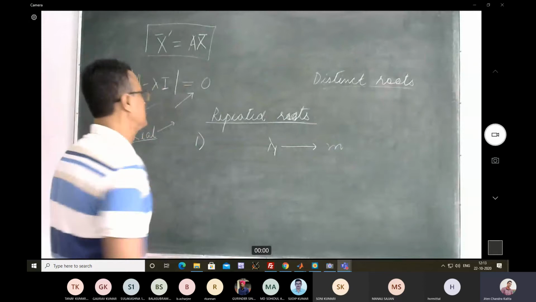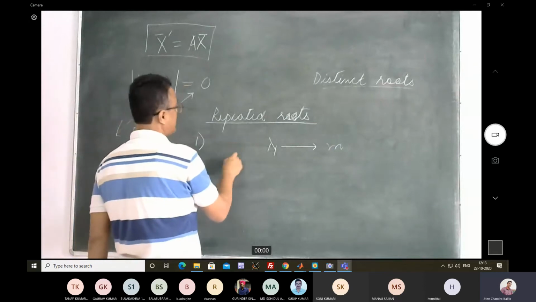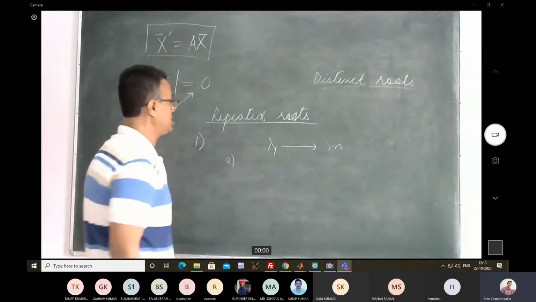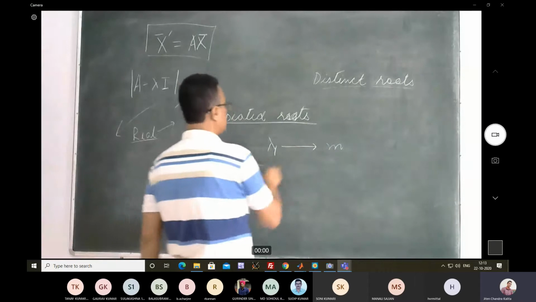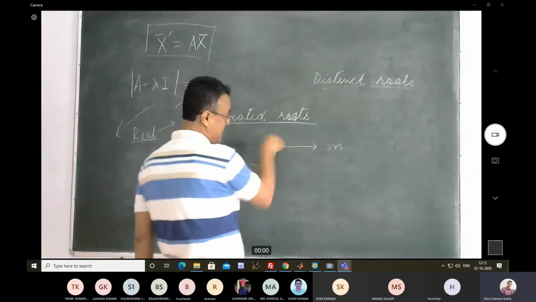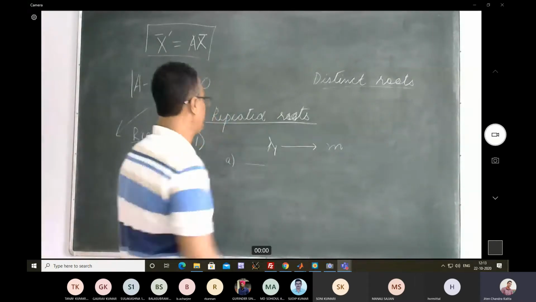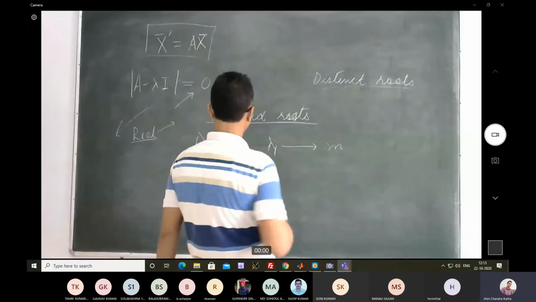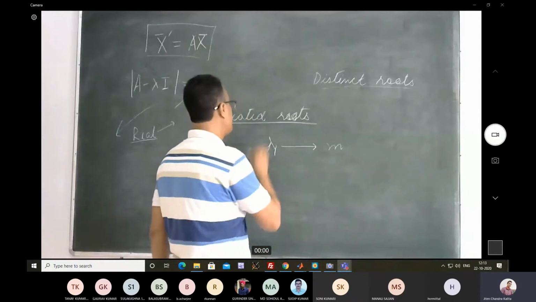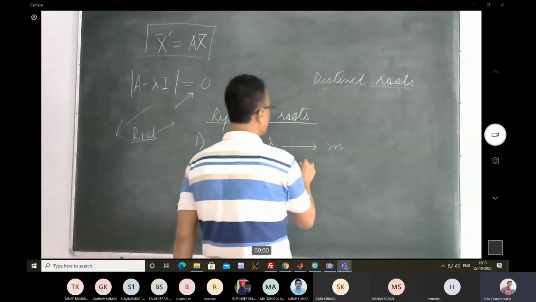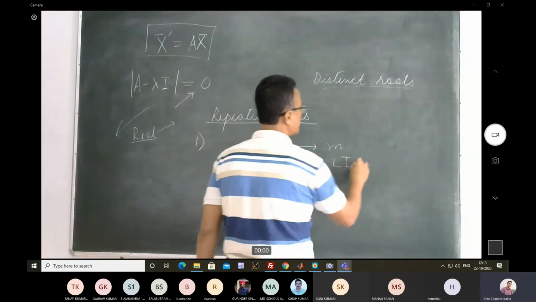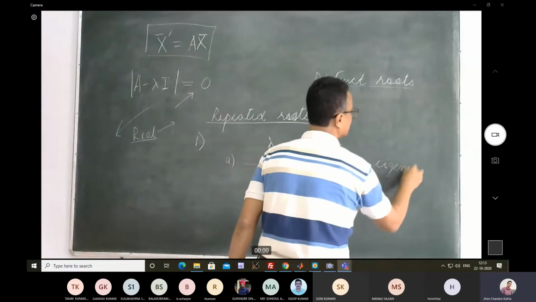Then again this gives rise to two cases. Corresponding to this λ1, I may be able to find m linearly independent eigenvectors.